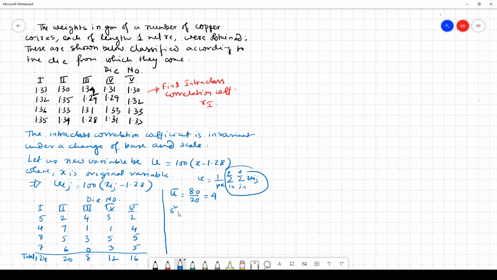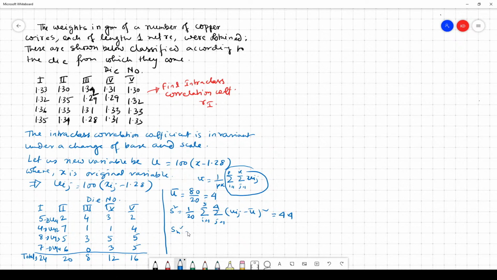And similarly, S_u square is 1 by 20 sum over i from 1 to 5, j from 1 to 4, (u_ij minus u bar) whole square. These are the u_ij: u11, u12, u13, u14, and so on. This value is equal to 4.4.